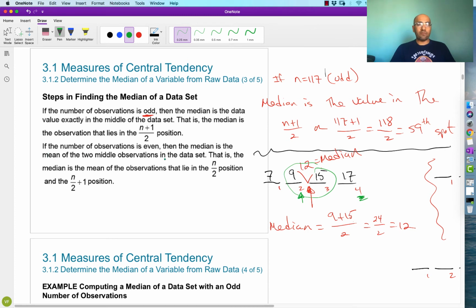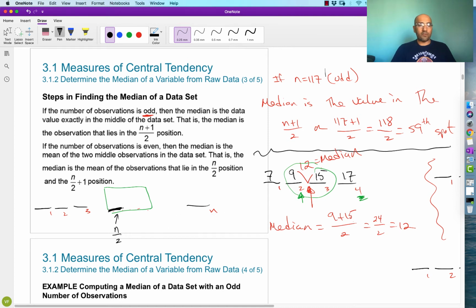If the number of observations is even, let's say n number of entries: 1, 2, 3, all the way out to n, and it's even. Then the 2 numbers we care about are the 2 values right here, where the first one is n divided by 2.